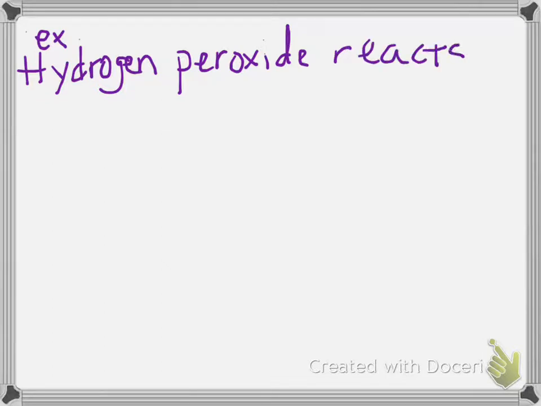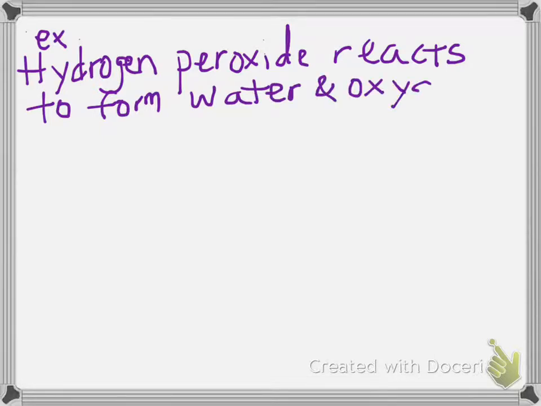Reacts to form water and oxygen gas. So you could pause your YouTube video and see if you could do this on your own. So again, the idea here is reacts, okay, is going to become a symbol along with the to form, and this and is going to become a symbol.